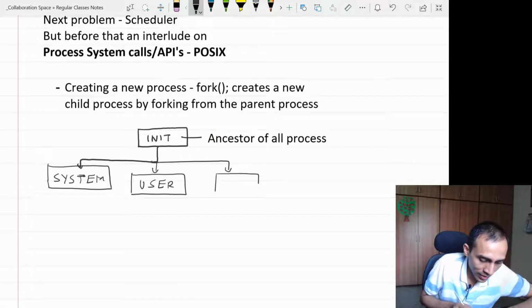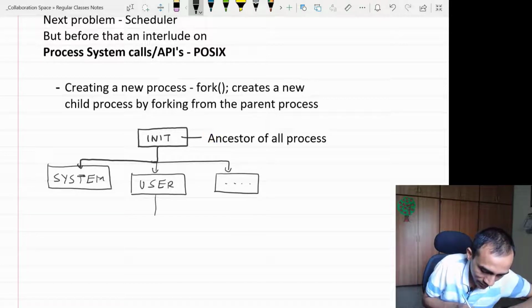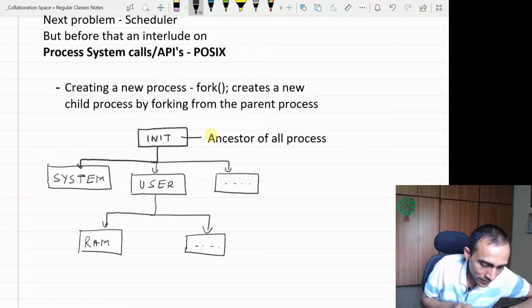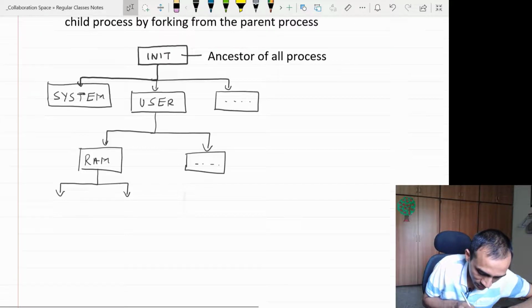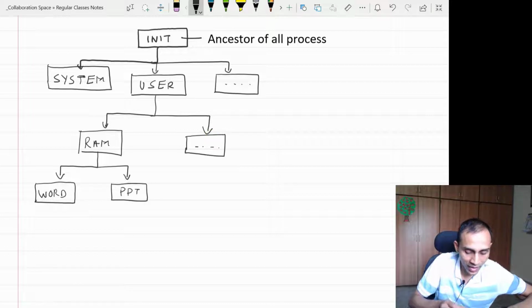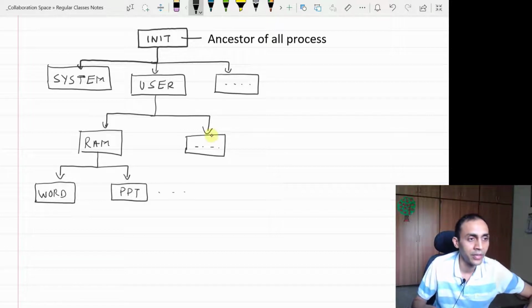And then within users, you may fork one process for a particular user, let us say Ram, and another for some other user, let us say Radhika, and so on. Then Ram may be using some processes, maybe a Word process, or a PPT, and so on. In this way, there is a hierarchy of processes, child and parent.